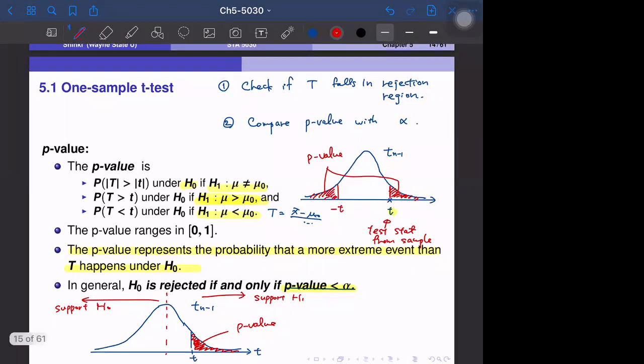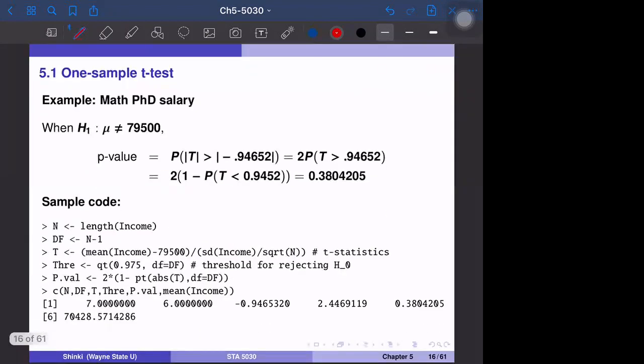So now one example, the math PhD salary example. What's the p-value? Think about the two-sided test first. So H1 is mu is not equal to 79,500. Then the p-value covers both sides of the test statistic.